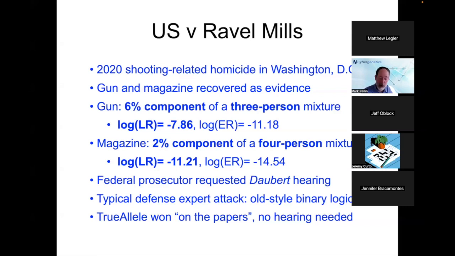They turned the quantitation that we're used to in TrueAllele and the error rates that we're talking about into old style binary logic from 20 years ago, wrote something that looked really nice, referred to our validation papers, and then not only said this is all wrong, but boy, we're just such dishonest people, which was not nice, but lawyers will do anything, I guess, sometimes.